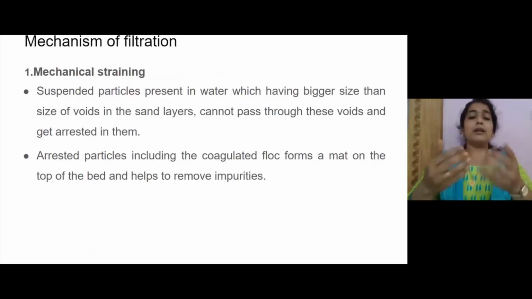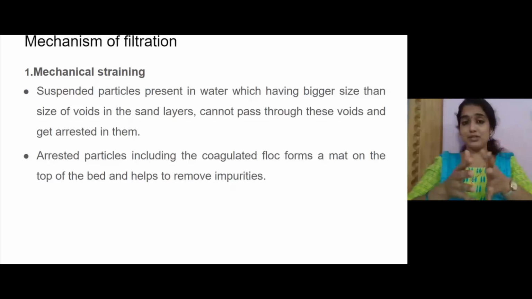Then what are the mechanisms that help in filtration of the effluent water? The first mechanism is mechanical straining. What is mechanical straining? The process that happens while filtering a cup of tea is happening in the mechanical straining process.